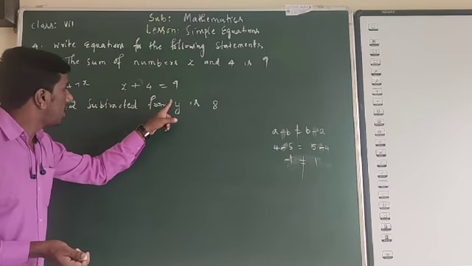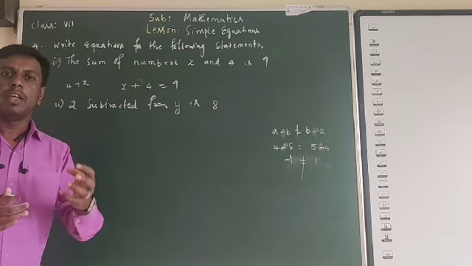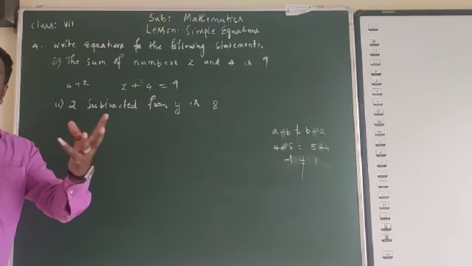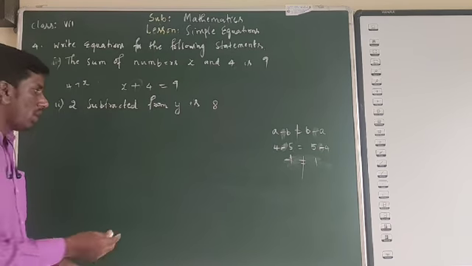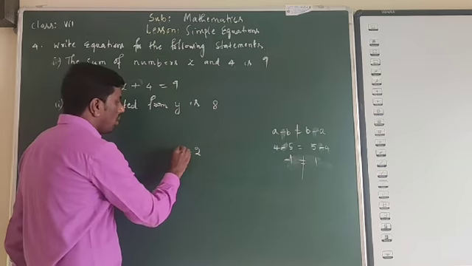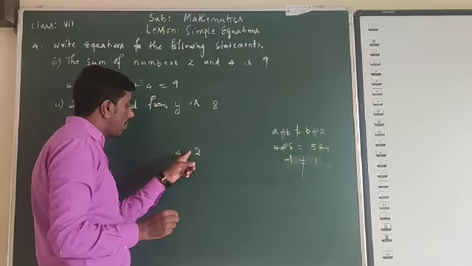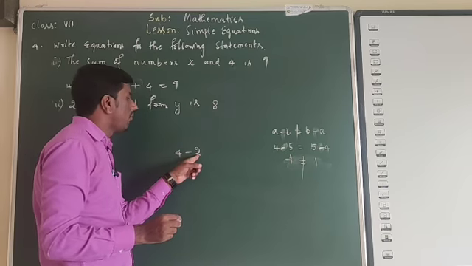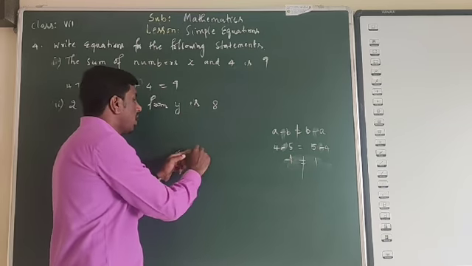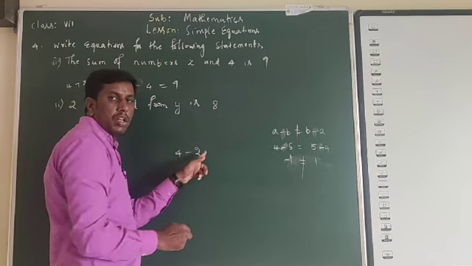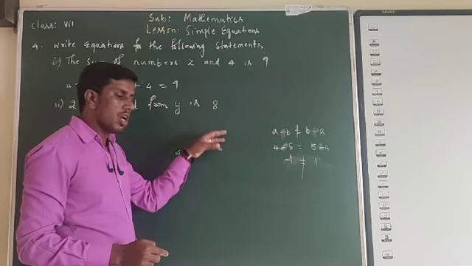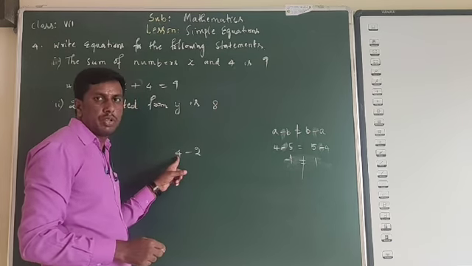2 will be subtracted from y. 2 is subtracted from 4. How will you write it? 2 will be subtracted from 4, so 4 should come first and 2 second. Whichever you are going to subtract, you should write second. From whichever value you are going to subtract, you should write first.